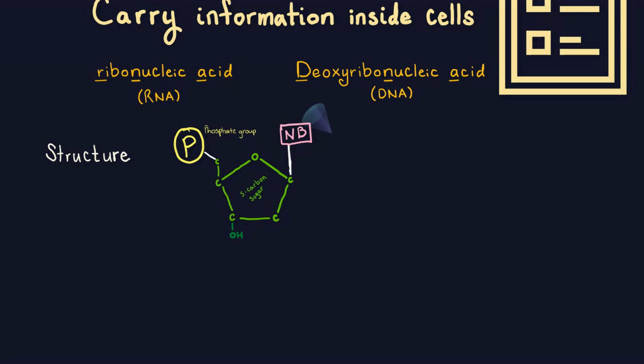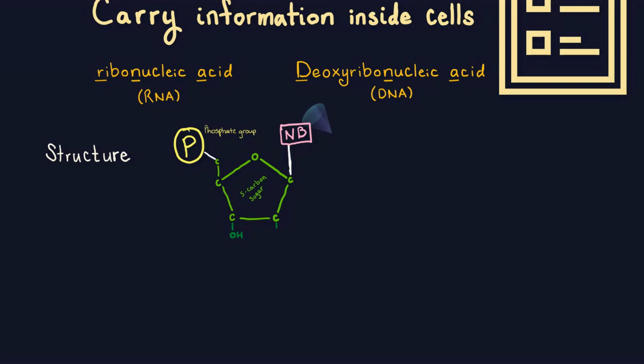Now, this here is what is the same in all nucleotides, but there are a few ways to make this configuration slightly different, which differentiates RNA from DNA in terms of their structure.